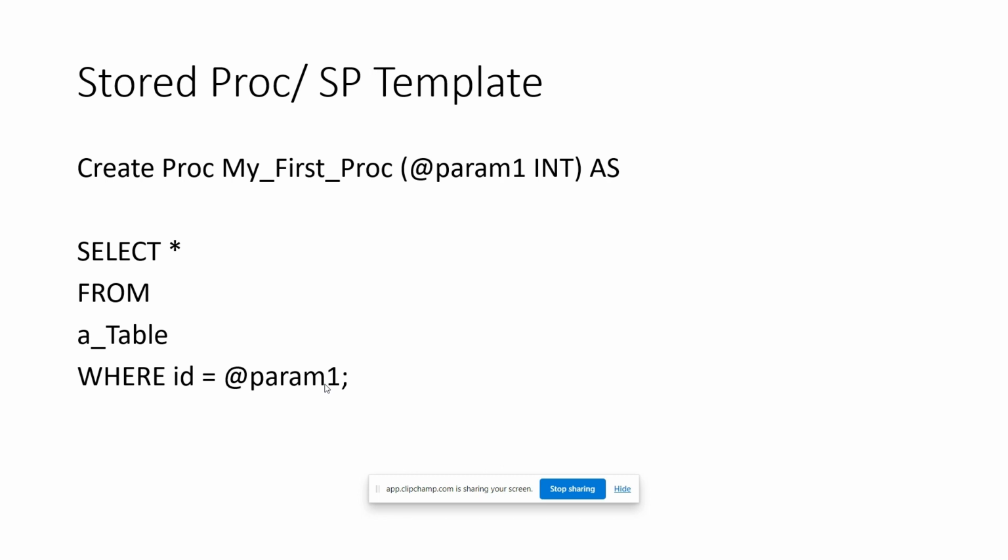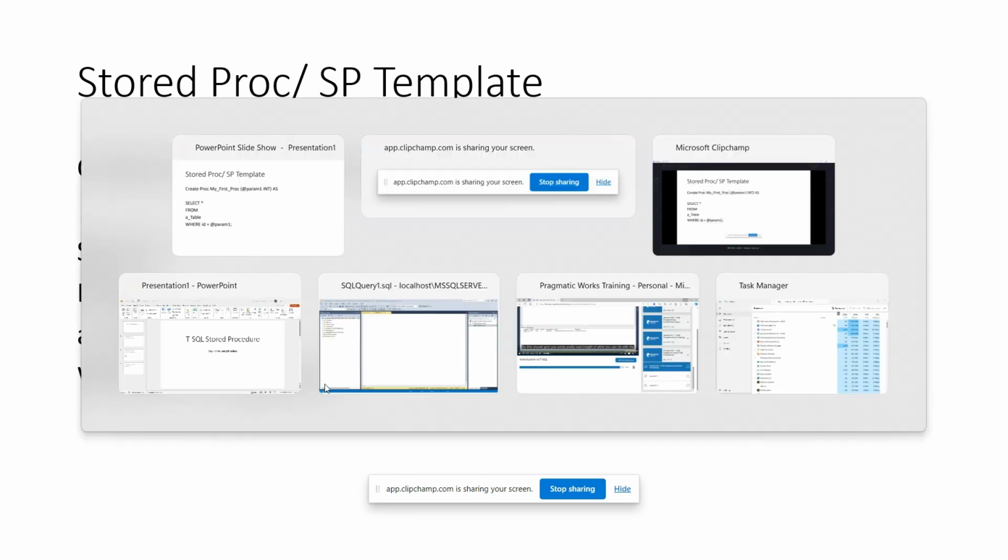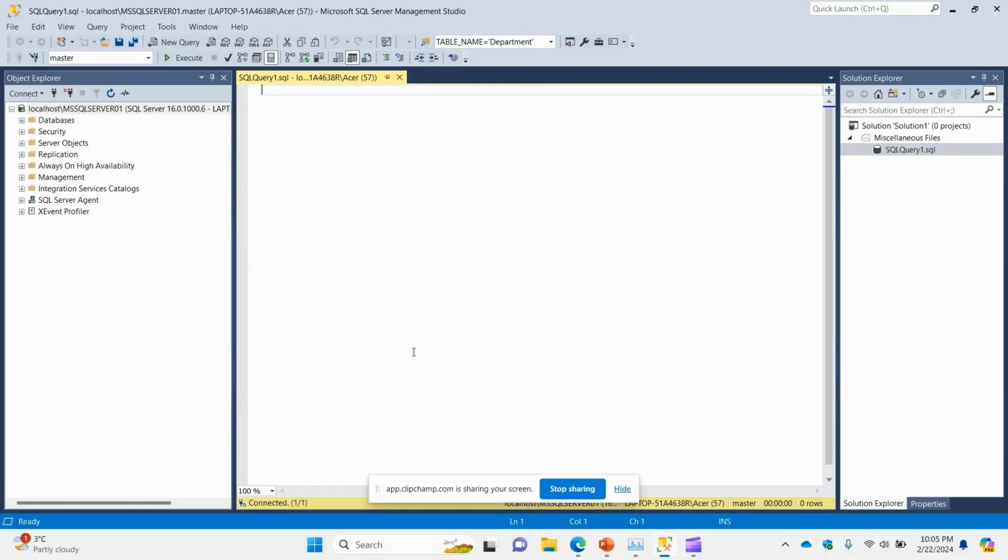All right, let's go to our code editor, which is the SSMS, and let's see how we can use it for the code that we have written yesterday. There's our code editor. Let's bring back the code that we have written yesterday.